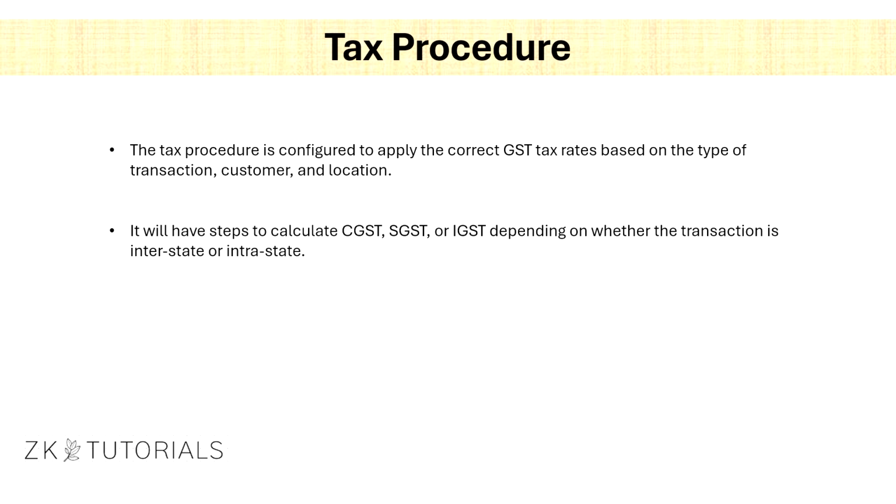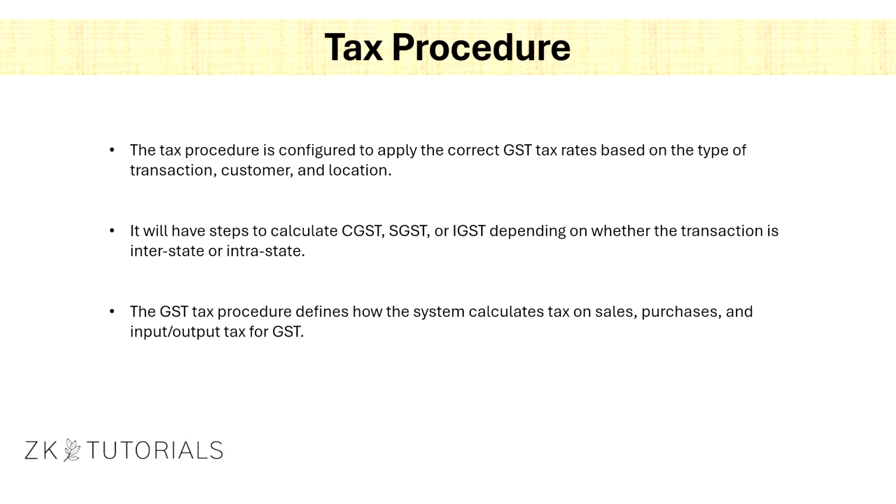It will have steps to calculate CGST, SGST, or IGST depending on whether the transaction is interstate or intrastate. The GST tax procedure defines how the system calculates tax on sales, purchases, and input or output tax for GST. This is all about the tax procedure. Now we will configure tax procedure in SAP.